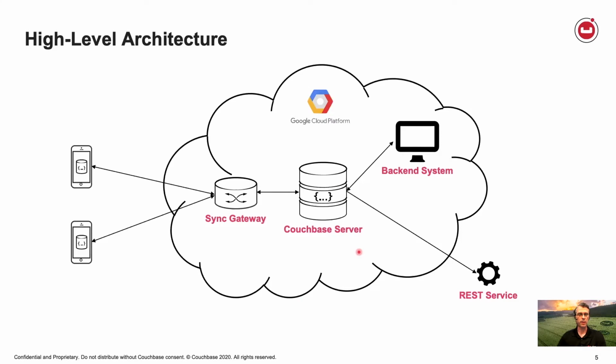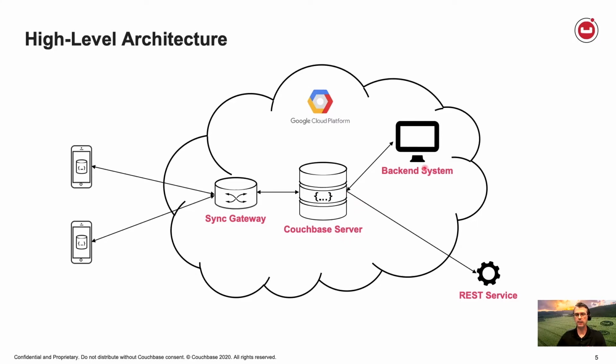And as for the deployment and what's actually in use behind the demo as you see it, most of the time there'll be one Android emulator running. In some cases there'll be two Android emulators running, but they'll all have the user profile mobile app deployed to them, connecting to Sync Gateway in GCP. Sync Gateway is configured to connect to a Couchbase Server cluster, also in GCP.